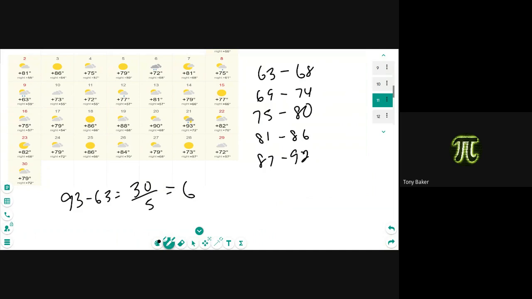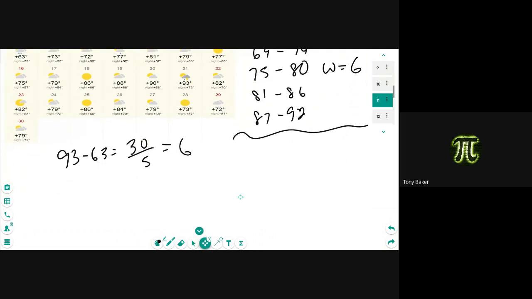Now your choice comes in. I just need to make sure I have 63 and 93 in there. I don't have to start at 63 and I don't have to end at 93. They all have to be the same size, yeah.